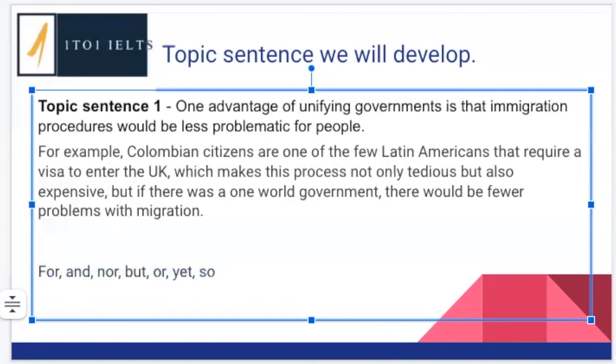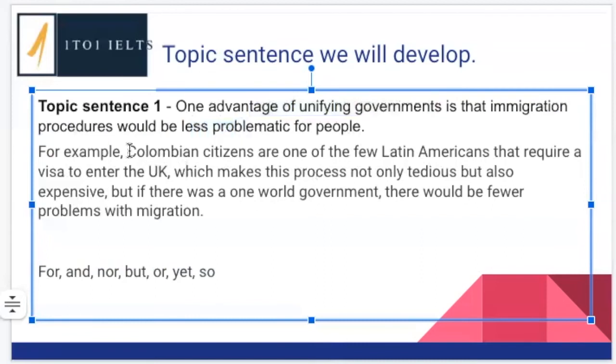Reben was asking, do we need to state that Colombia is an unstable country? No. So the whole point of this is that an advantage of unifying governments is that immigration procedures are going to become less problematic. So all we're focusing on here, Reben, is that immigration procedures are going to be less problematic.